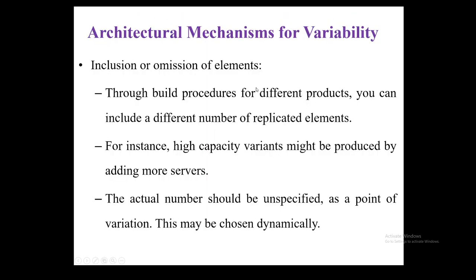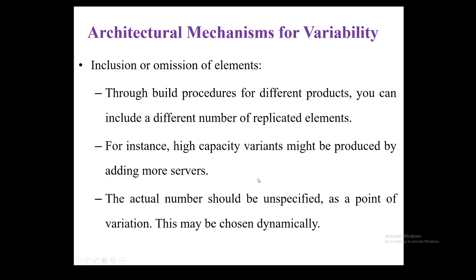And these architectural mechanisms for variability are nothing but inclusion or omission of elements. So using the build procedure of different products, you can include different numbers of elements. For instance, high capacity variants may be produced by adding more servers.